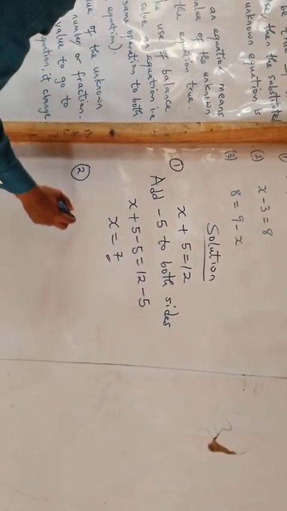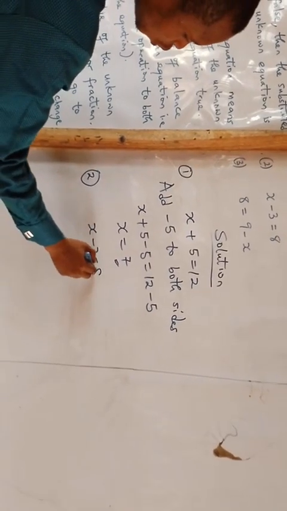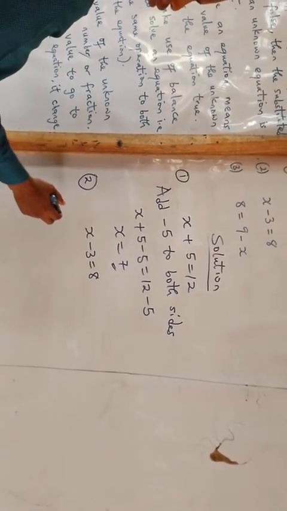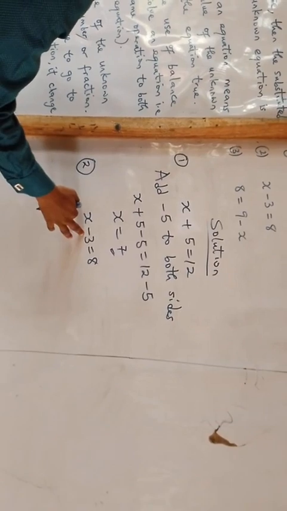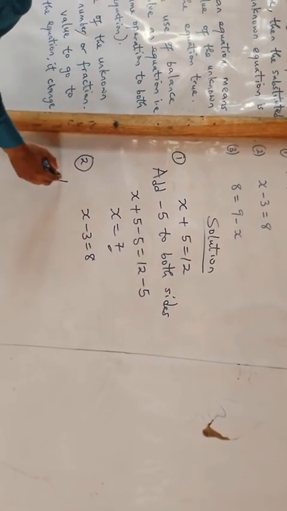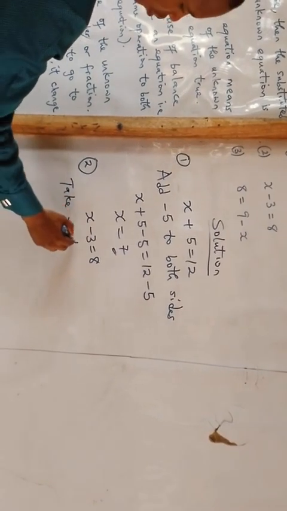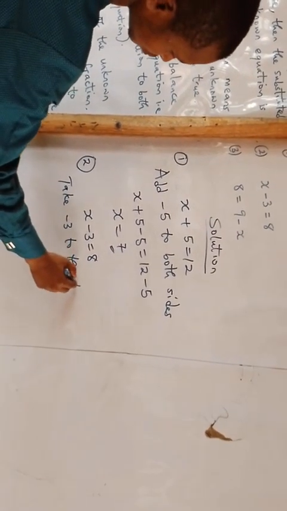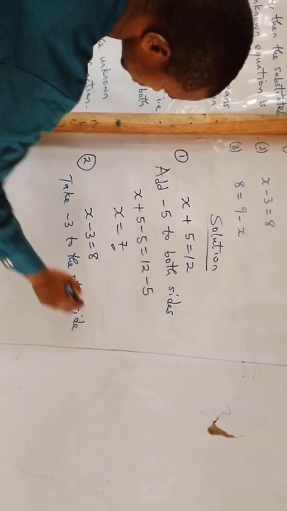Let's solve question 2. We have s minus 3 is equals to 8. What I'm going to do is to add plus 3 to the other side. And there's another way of doing it. You can say take minus 3 to the other side of the equation.